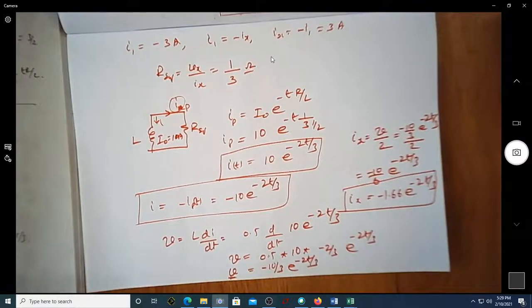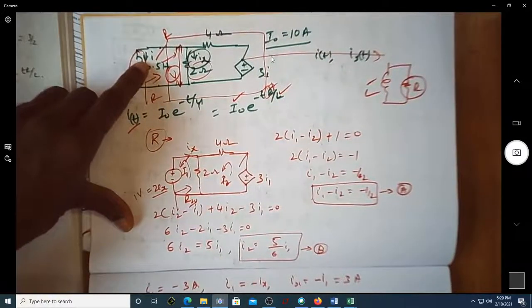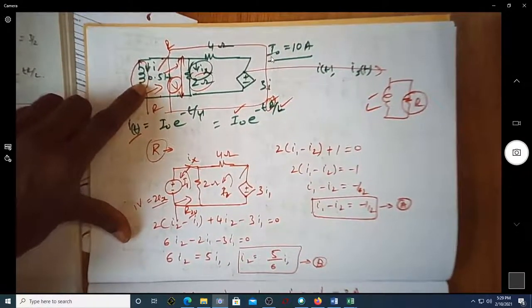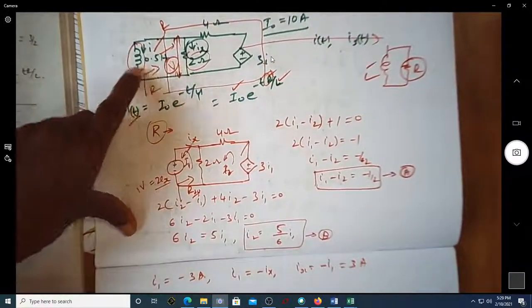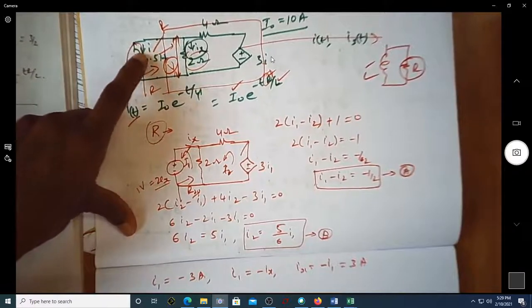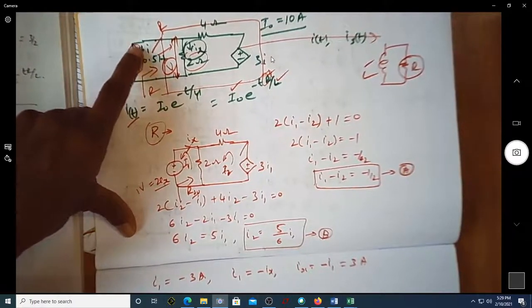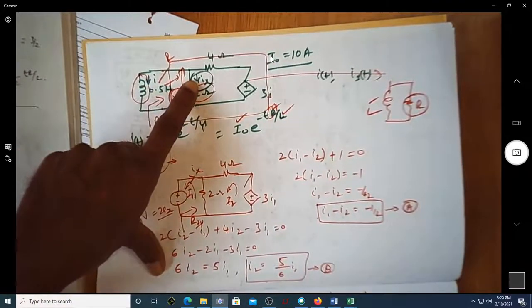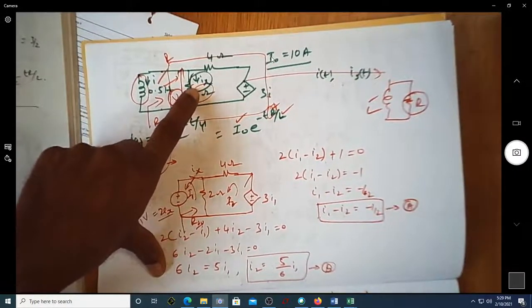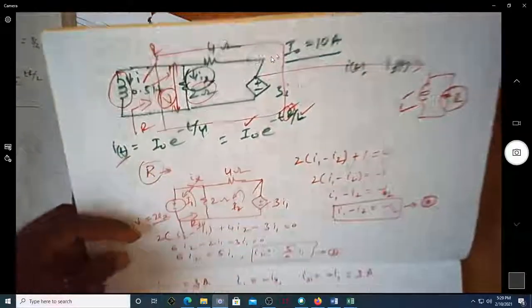So we have the expressions for Ix and I given by these two equations. This way we are able to find the expression for the current flowing through the inductor having an equivalent resistance of 1 over 3 ohms, and we can find the current flowing through this inductor at any given time, which is I. Certainly I can also find the current flowing in this resistor, which is of 2 ohm.